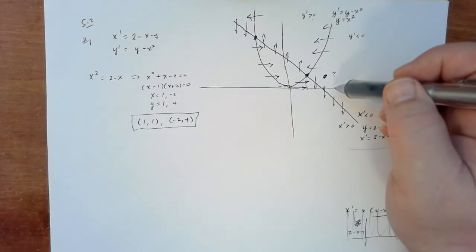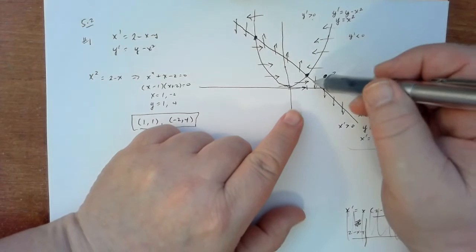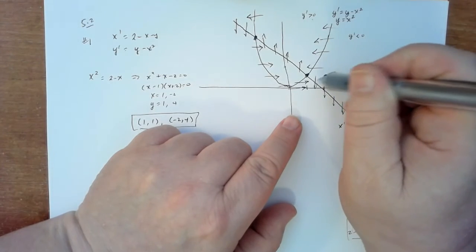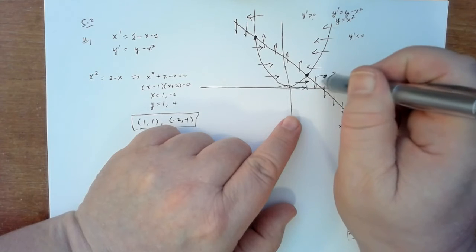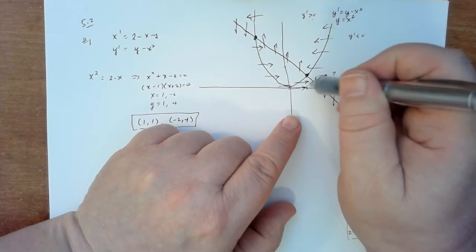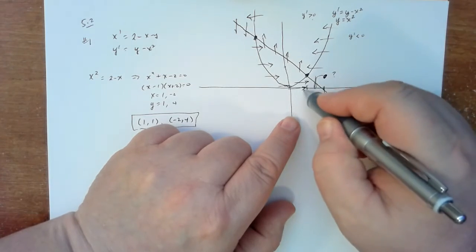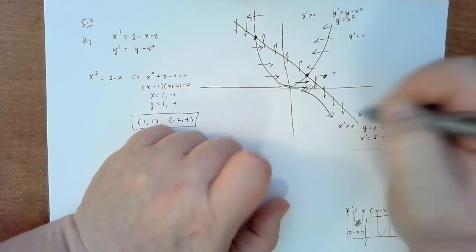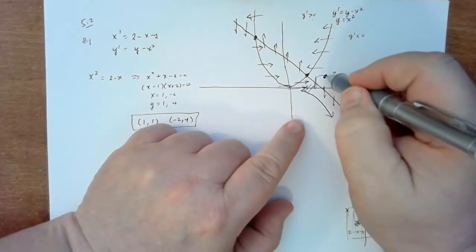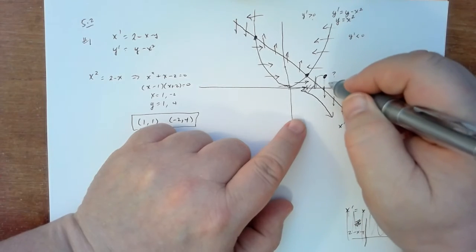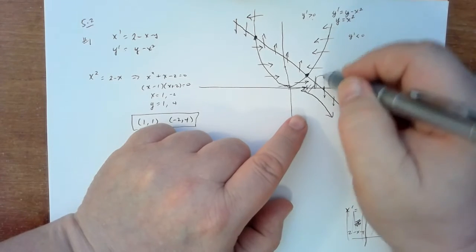How about x prime? Let's see, x prime is negative, so I might be moving to the right until I get to, well, at some point I'm going to get into this region. As soon as I'm in this region, I'm going to be moving down and to the right. Okay, and so this point, at some point here, since we're moving down, right, we're going to be getting there.